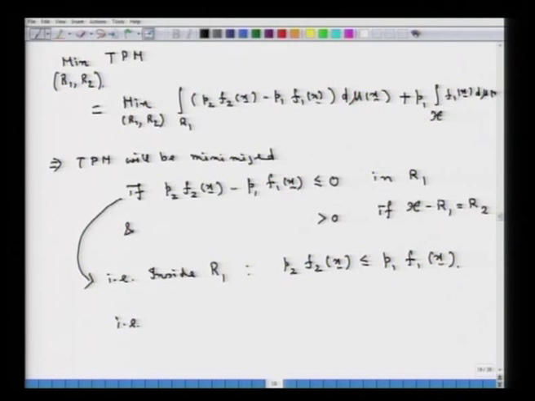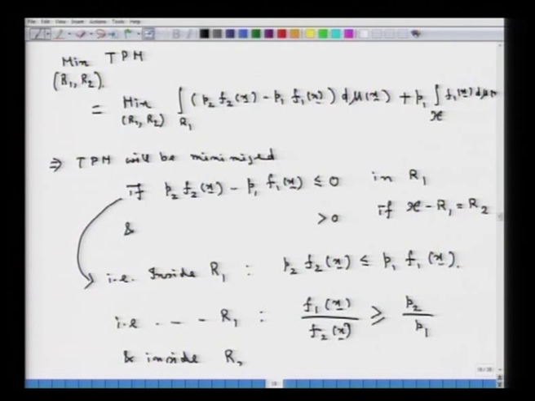That is, inside this region R1 we will have f1(x) divided by f2(x) greater than or equal to P2 by P1, and inside R2 we will have this ratio of the two densities f1(x) by f2(x) strictly less than P2 by P1.